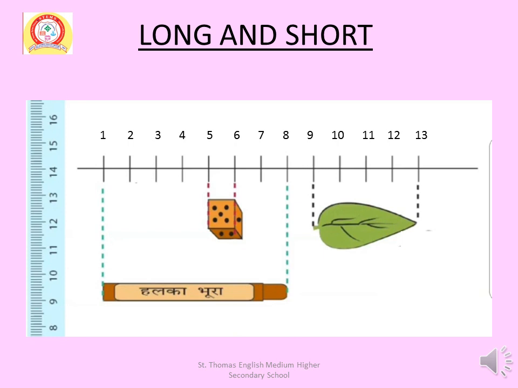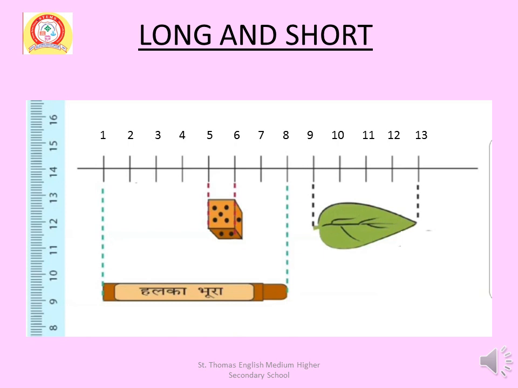So the length of the die is 1 centimeter. A die has all equal sides. So, all sides measure 1 centimeter.